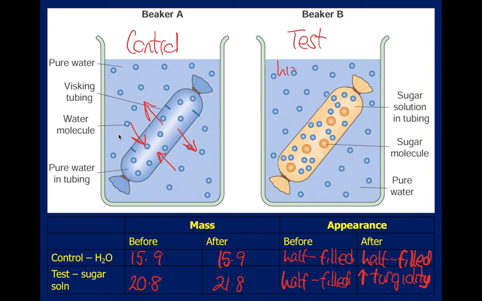This is high water. This is low water. And it's more concentrated in here in terms of salt or sugar or whatever we're putting in, and the water will come into this, and this is the reason why this gets bigger, because there's a higher concentration of water outside.